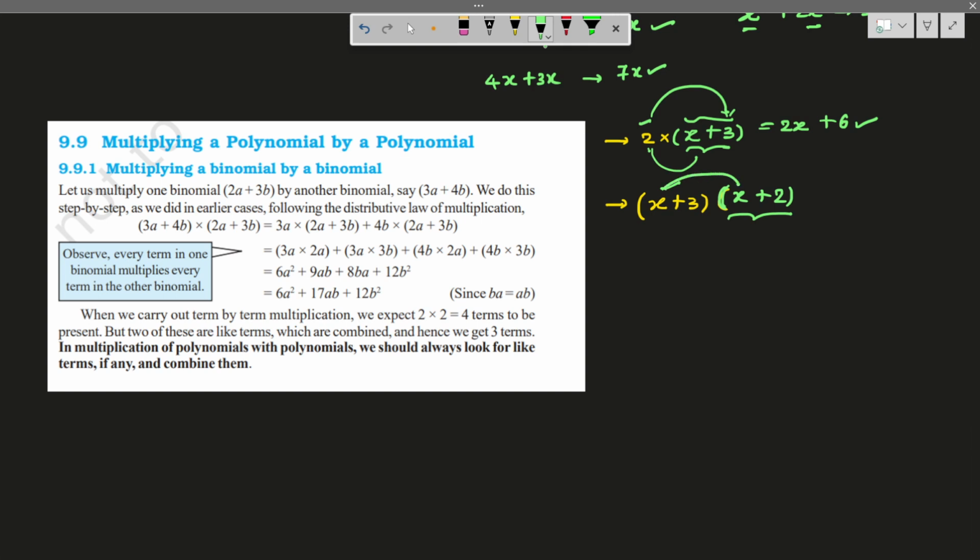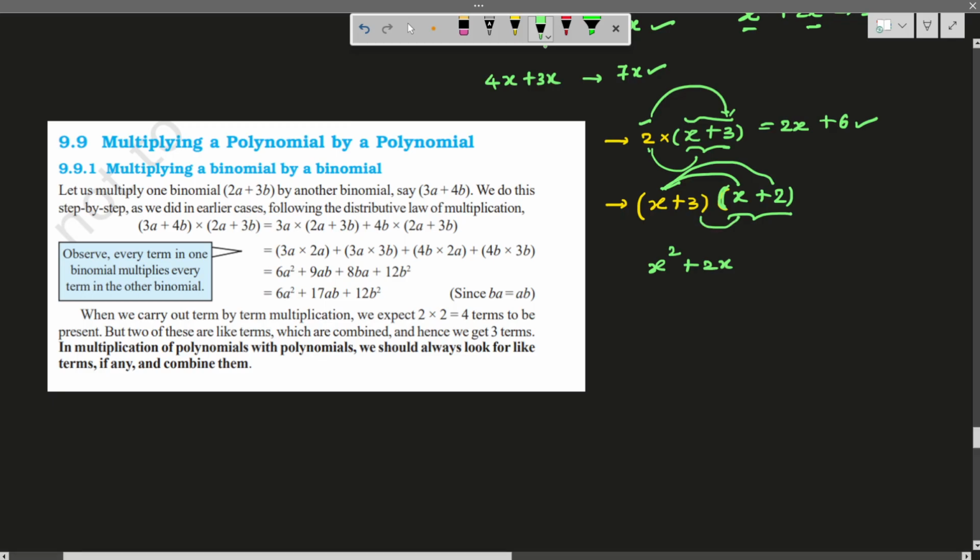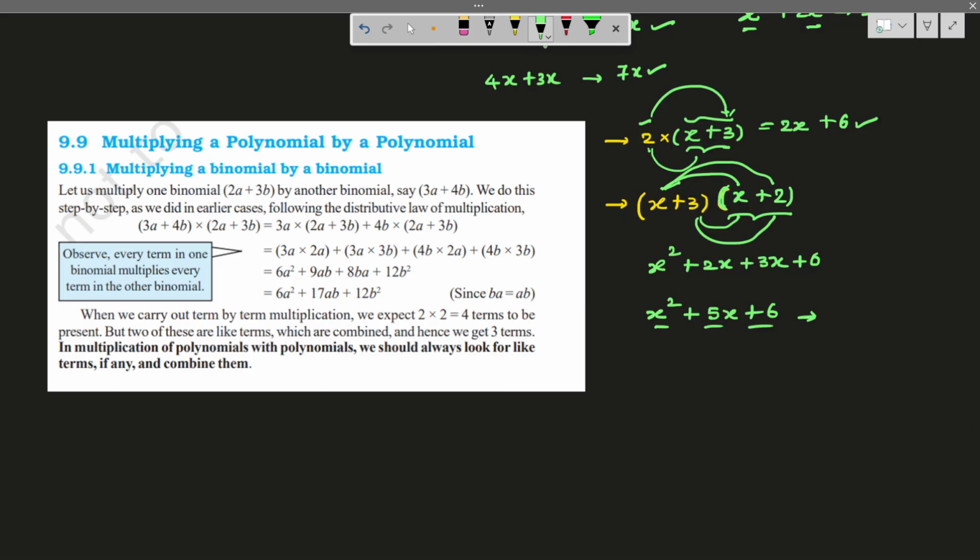So x into x will be x square, x into 2 will be 2x, and with 3 we should multiply again. 3 into x would be 3x, and 3 into 2 would be 6. So it would be x square plus 5x plus 6. There are 3 terms in this expression. This is how we should multiply a binomial with a binomial. Let me explain one more example.